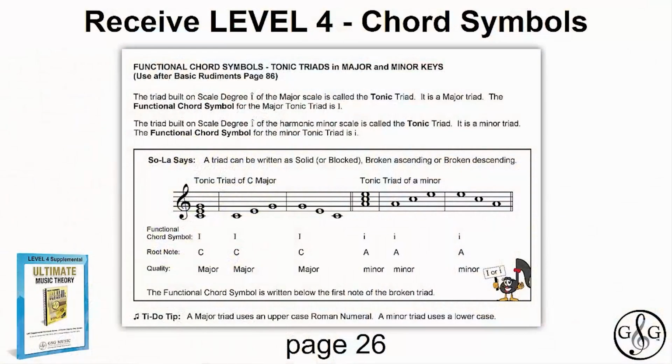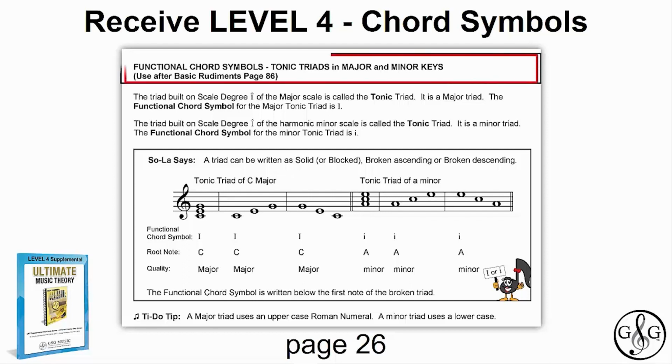You will receive details in the Level 4 Supplemental Workbook that indicates the pages to be completed with the basic workbook. Here, the functional chord symbols found on page 26 of the Level 4 workbook are to be used after the basic rudiments page 86.